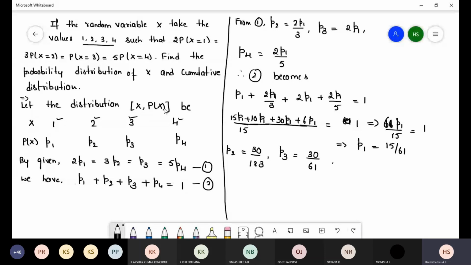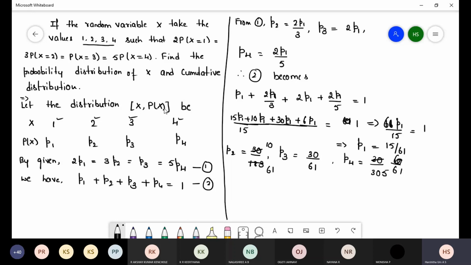P4, how much we will get here? 30 divided by 305, so we get 6 by 61.